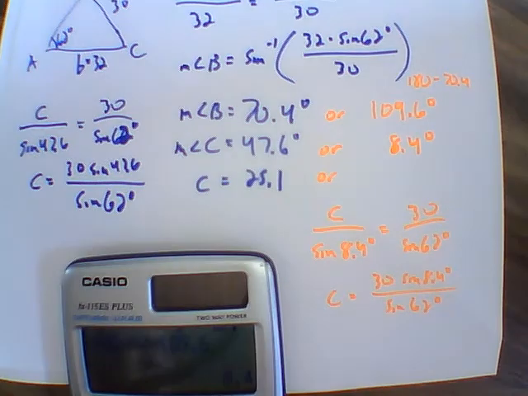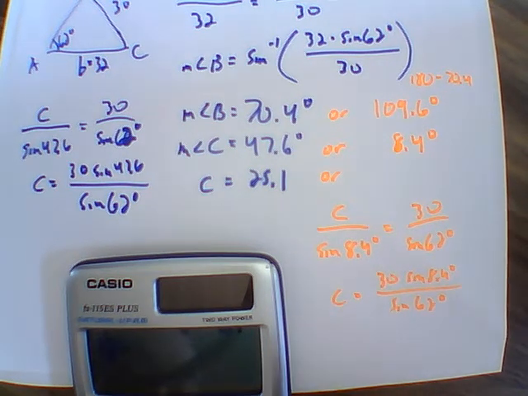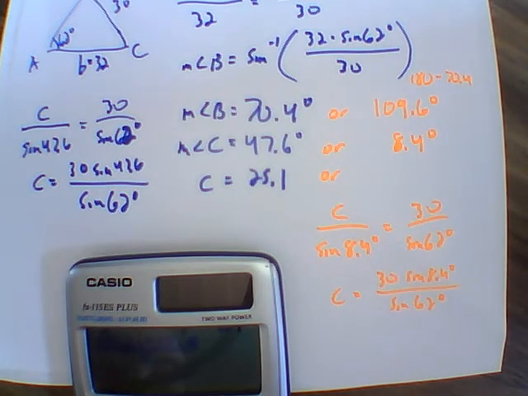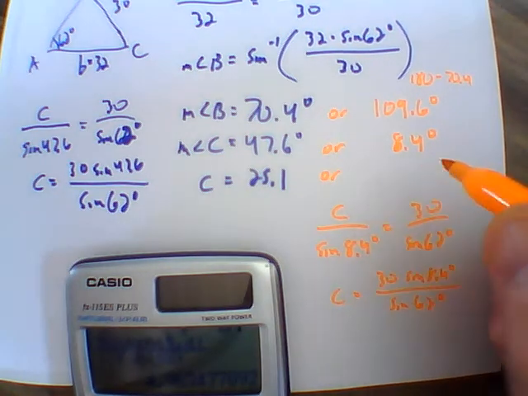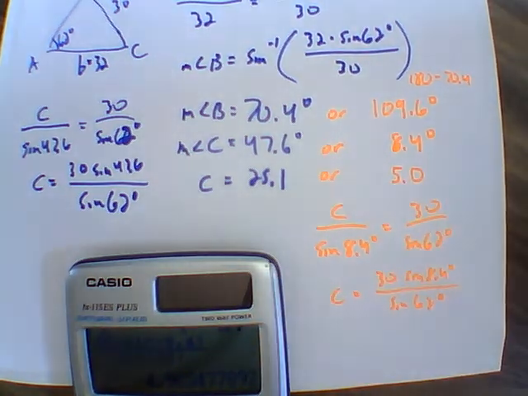So if we type this into our calculator, we have 30 times sine of 8.4 over sine of 62. We get 4.96. So that 6 is going to round the 9 up, so we will go 5.0 then for that side length.